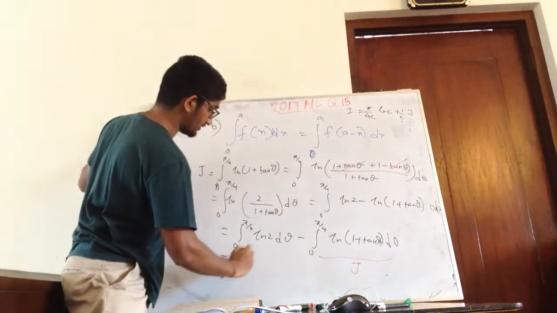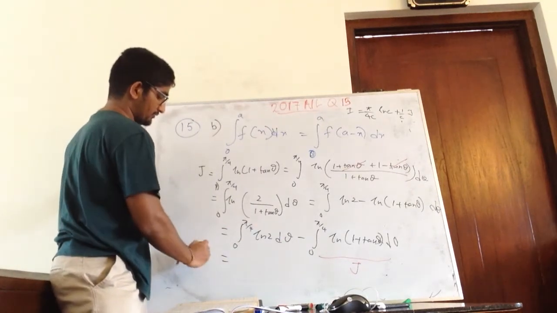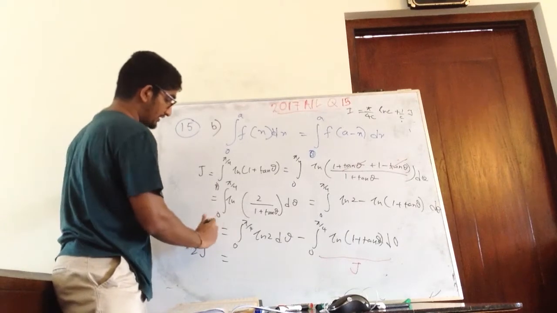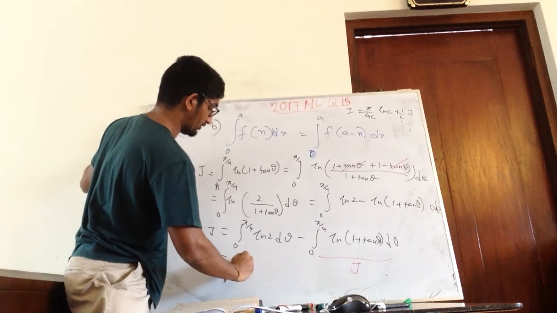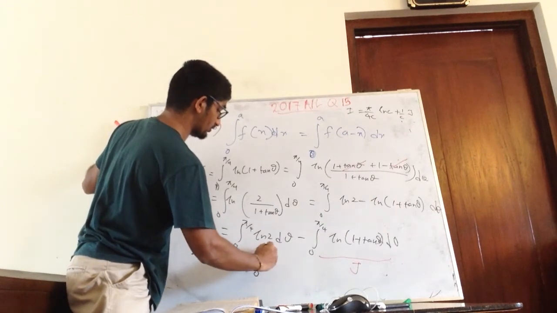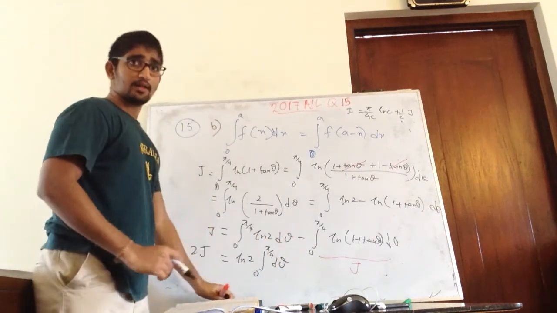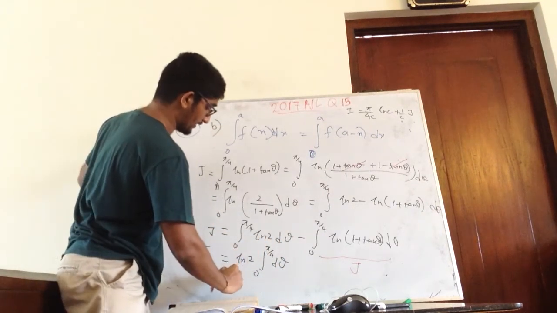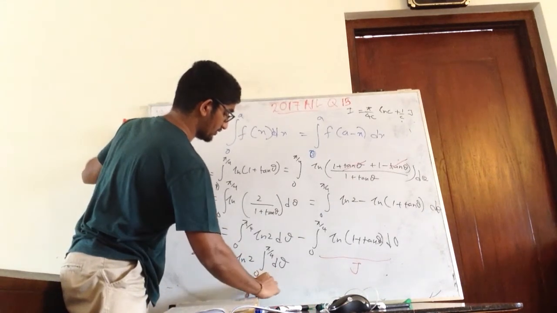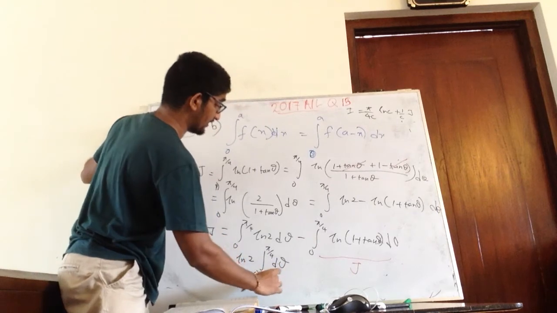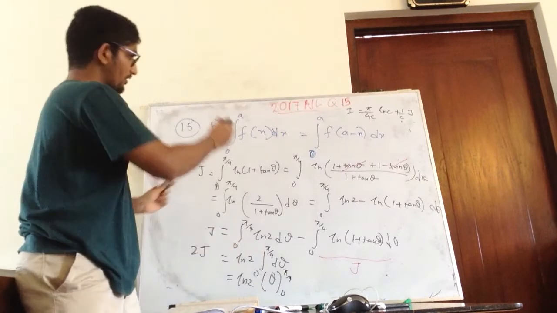So I can write this as, so I'm going to take this j here, then this will become 2j. Right? So because here this is also j, so I'll get 2j as ln 2 integral 0 to phi over 4 d theta. Correct? So then I will get ln 2 theta from 0 to phi over 4.